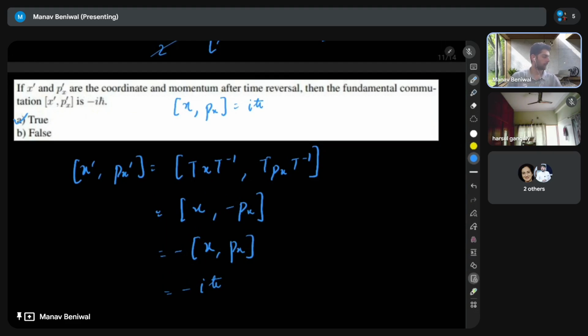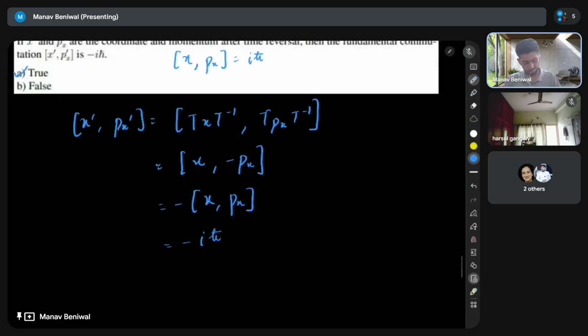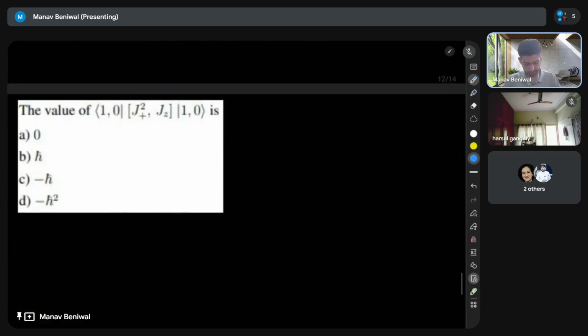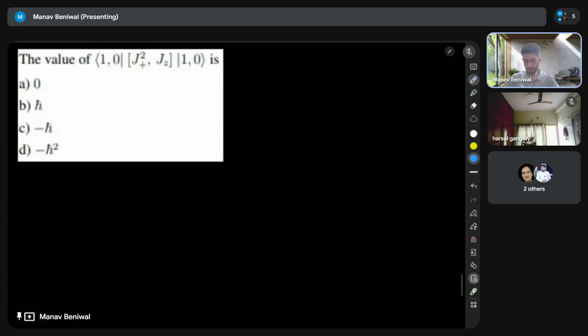So then let's move on to the final problem of the day. Here we have to find out this value. Here we have j plus squared and jz. We'll make use of the commutation relation.